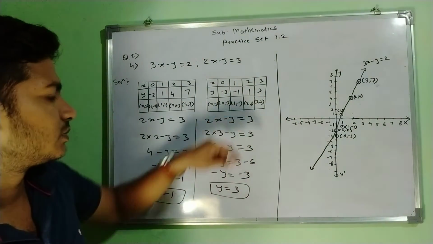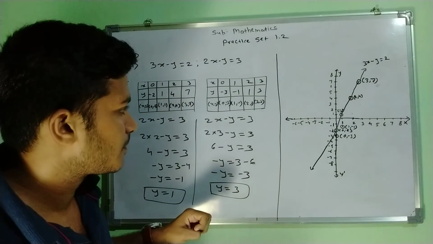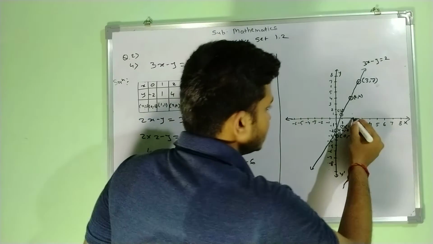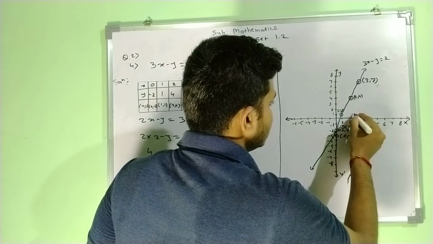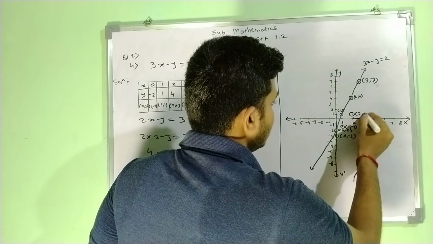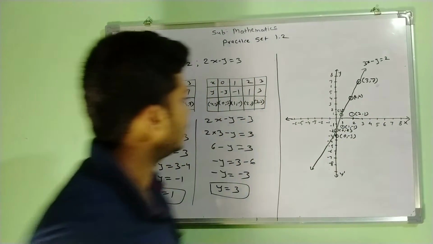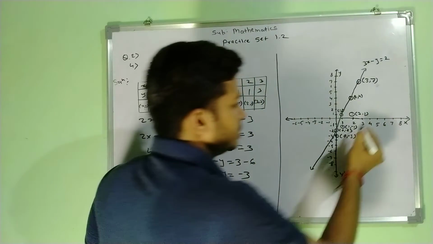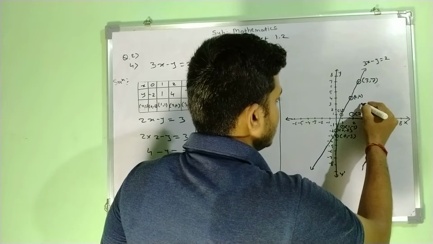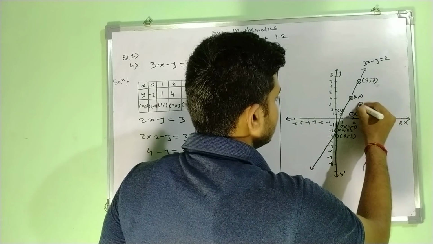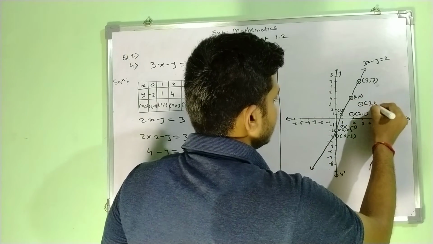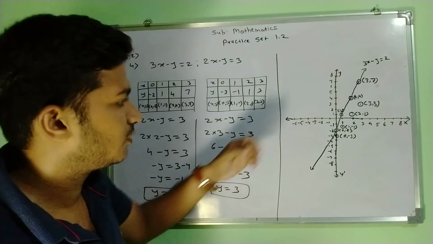So the next point is (2, 1), 2 on the x axis, 1 on the y axis. So it will come here, (2, 1). Last one is (3, 3), 3 on the x axis, 3 on the y axis. It will come here, (3, 3). So here we have plotted all 4 points.